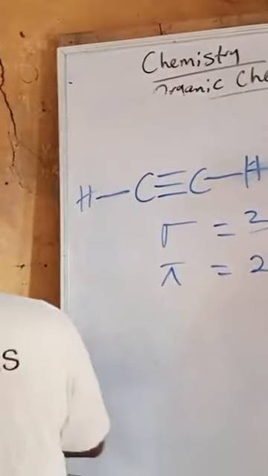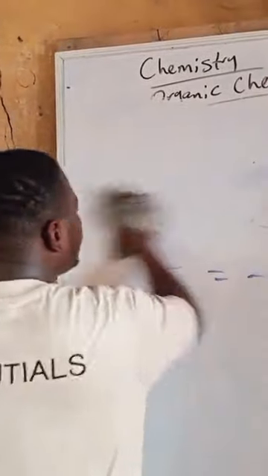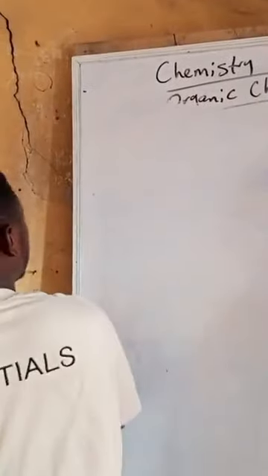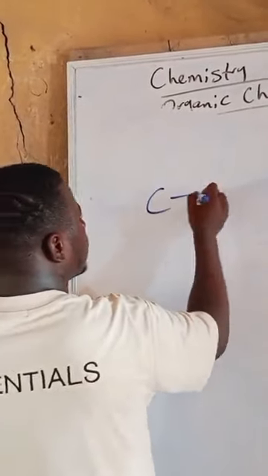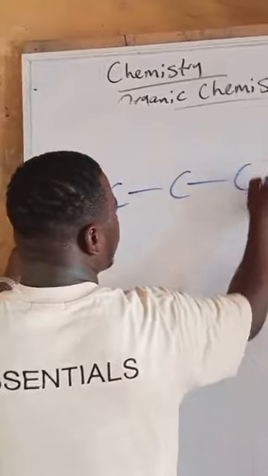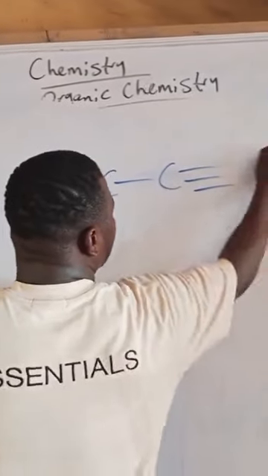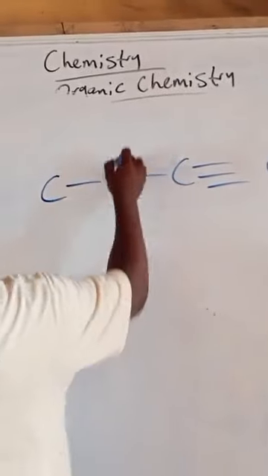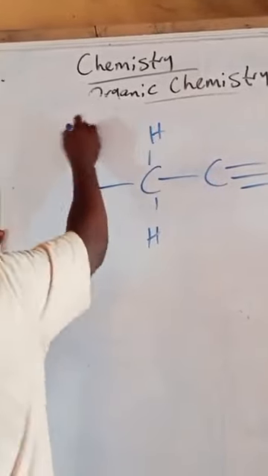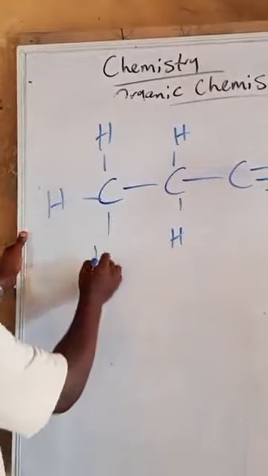Alright? So another example is we are given something like this. And the question says, how many pi bonds? This is not sigma bonds now. How many pi bonds are here?